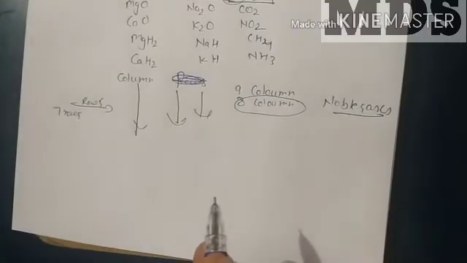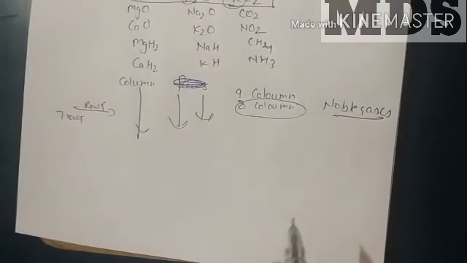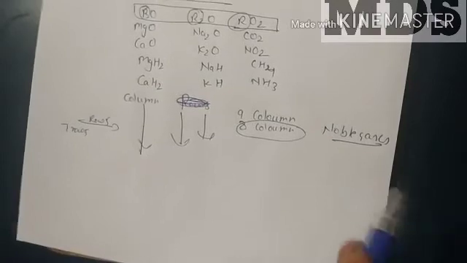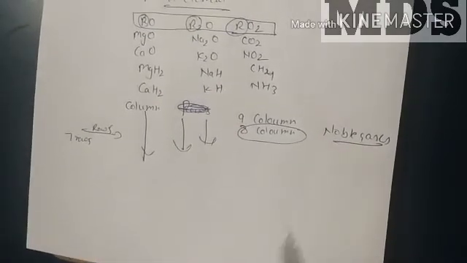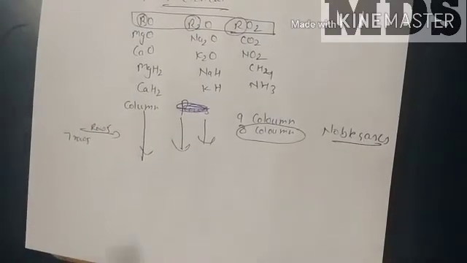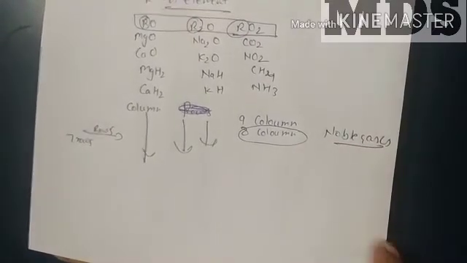So 9 columns, however you will tell. This all you will explain in the Mendeleev introduction: when he started the classification, 63 elements were known. He studied the oxides and hydrides of different elements, what kind of hydrides and oxides they form, and he put them in rows and columns.